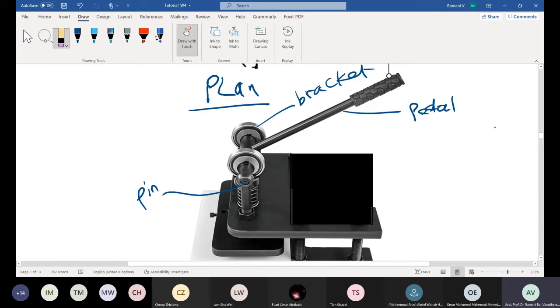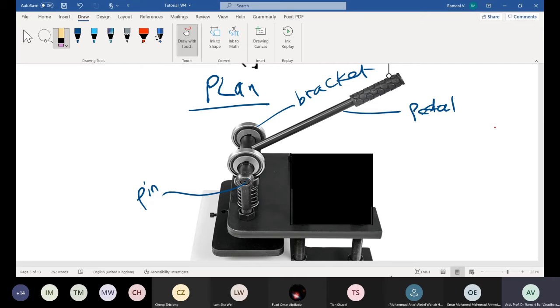The application is in such a way that when the pedal is moved, the pin with the bracket can move or rotate, shearing in this diameter to the thickness of the bracket. Wherever you want to calculate the shear, you have to follow the corresponding thickness and diameter.